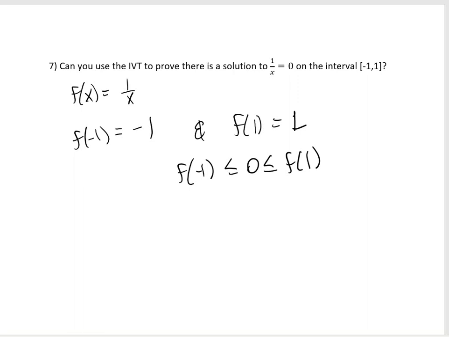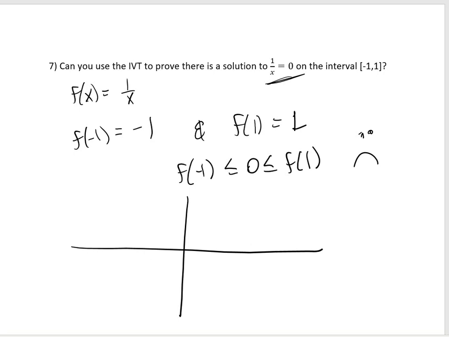However, if you try to solve this as hard as you might, you're not going to get a solution. Why not? If you actually graph the function 1 over x, you're going to see that you don't have a continuous function. It fails to be continuous between negative 1 and 1 because it has a vertical asymptote.